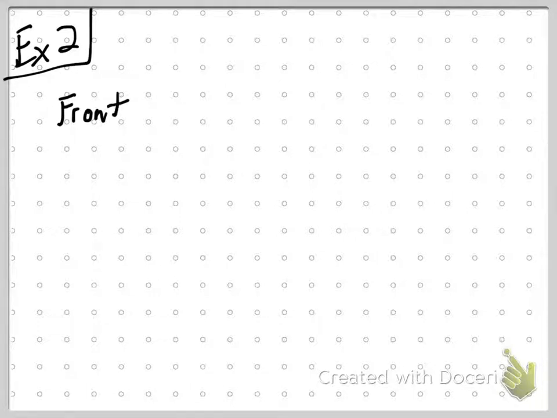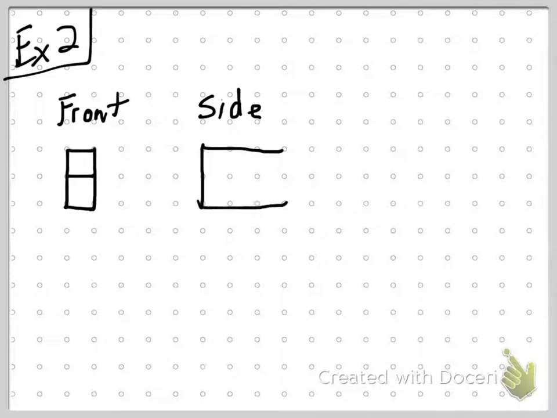Now we could go backwards with this. Let's just say they give you example 2. Let's say they give you a front view that does this, a side view that does something like this, and then what side are we missing?